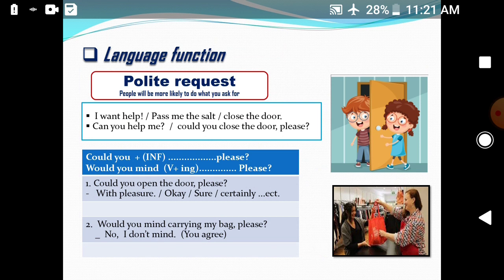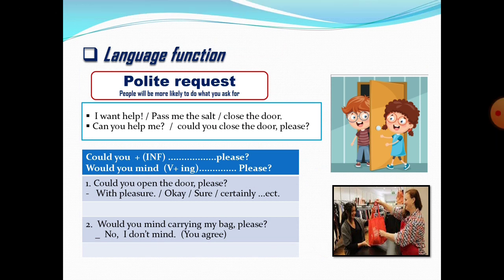In our new slide, we are going to tackle in detail the two different ways to make a polite request. The first one is could you and would you mind.